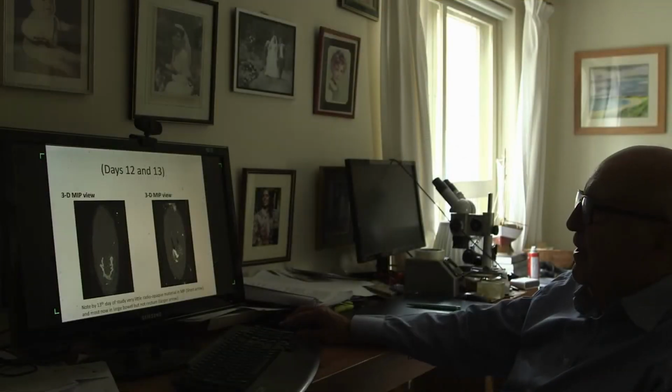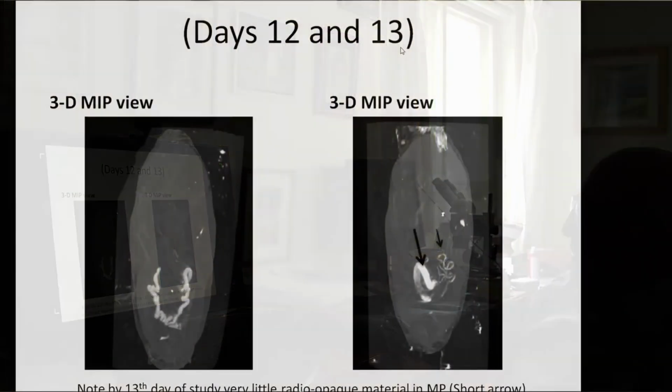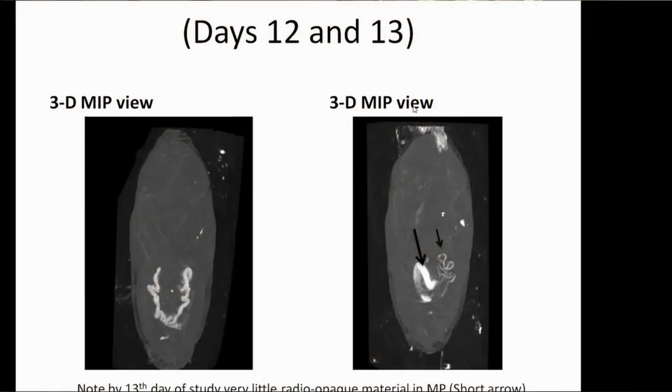But lo and behold, by about the 13th day, I want you to see that something has changed. This material is draining out of the Malpighian tubules, and this is actually the large intestine of the fly.